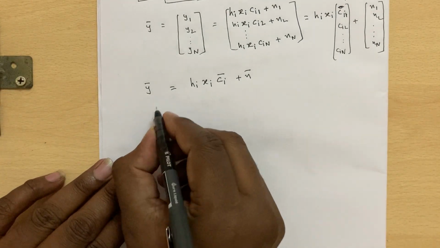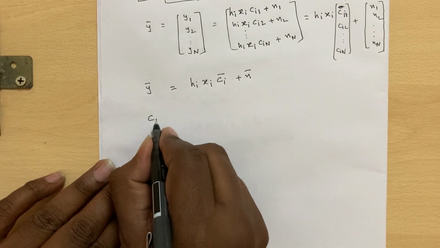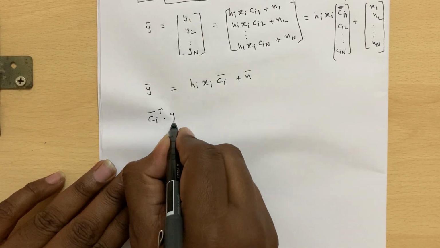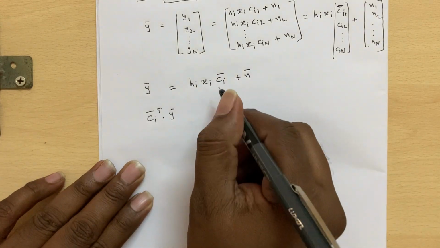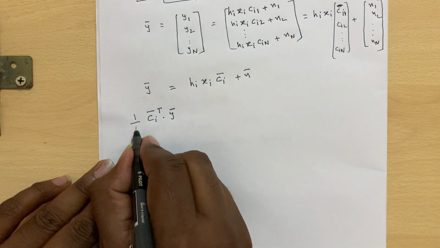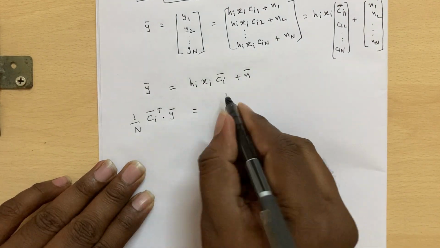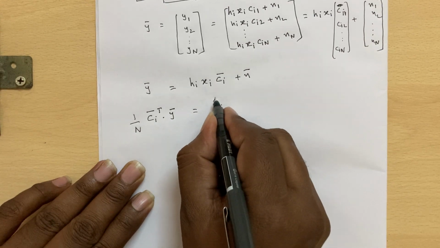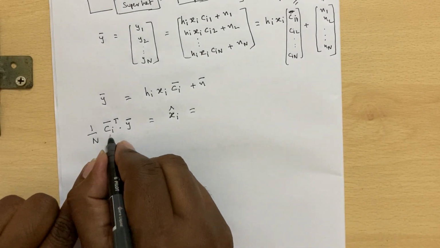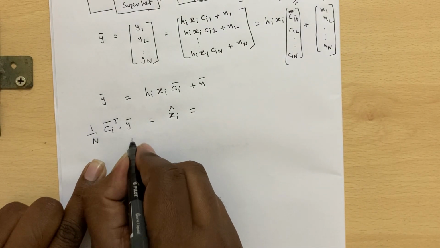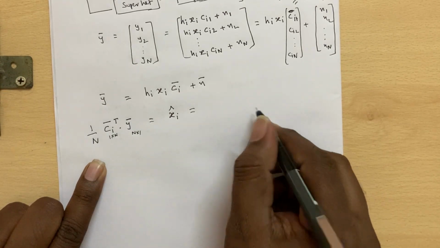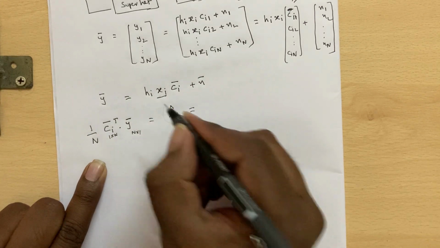This is called despreading, that is, taking the dot product with the code word that was used for transmission. The same code word is used here to take the dot product. That gives the estimate of the transmitted symbol. It is a scalar because y is an n by 1 matrix and the code is a 1 by n matrix, so the multiplication gives a scalar quantity, the estimate for the transmitted symbol.